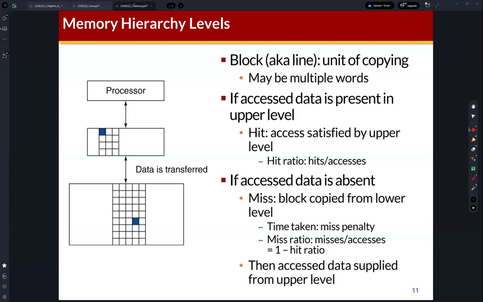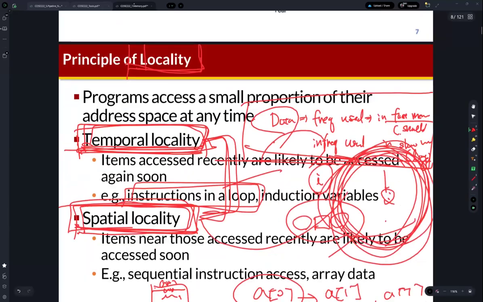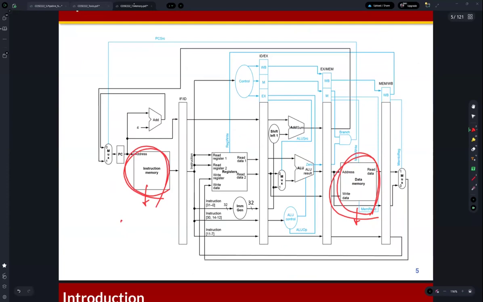There can be two cases, right? Because as I mentioned, the fast memory size is small. We cannot store the entire data in the fast memory. That means we can find the required data in the fast memory, or we cannot find it.